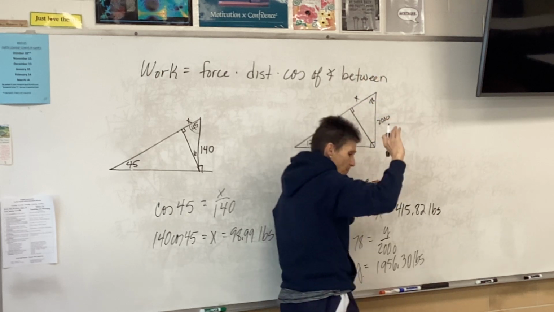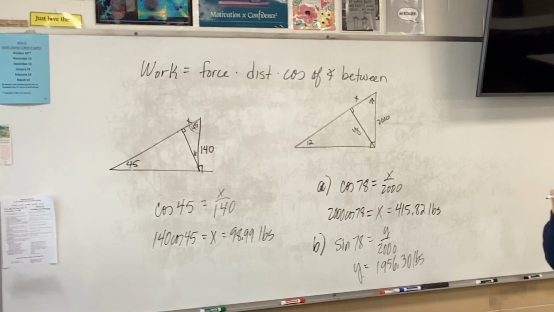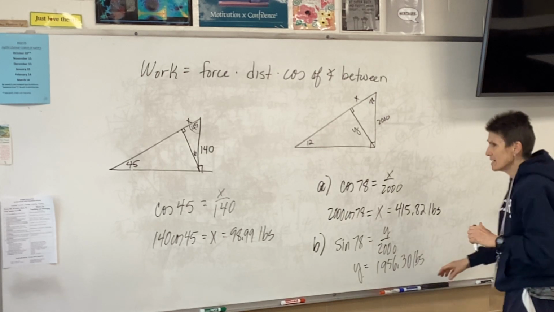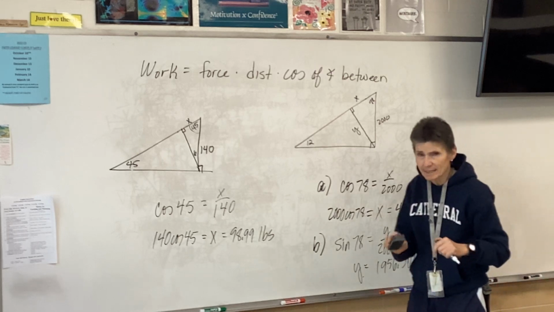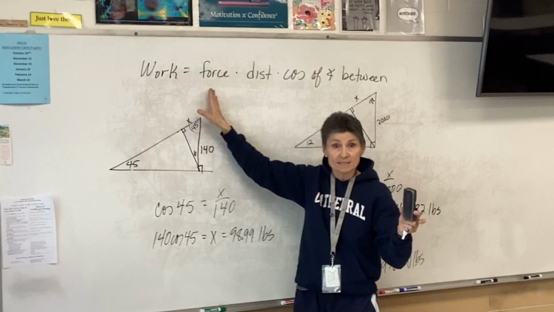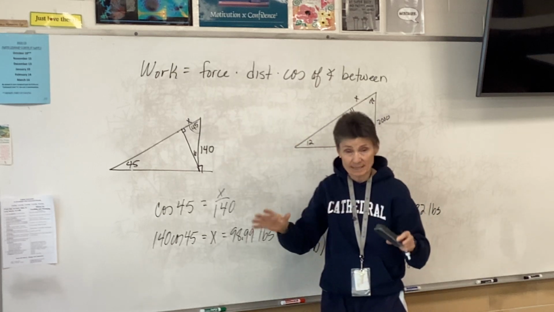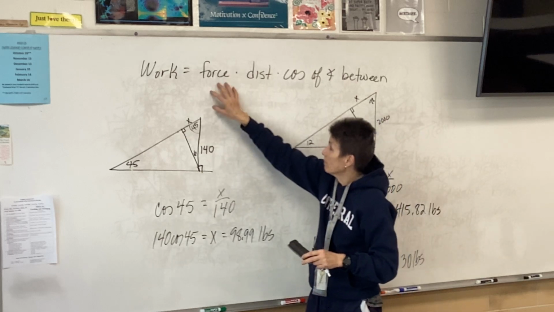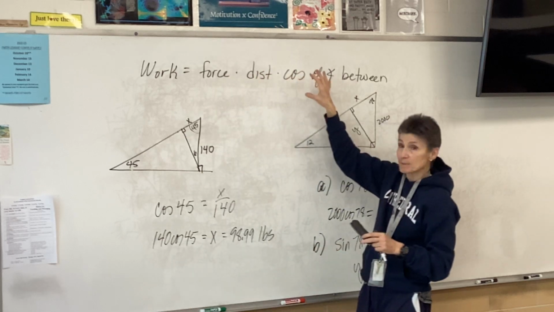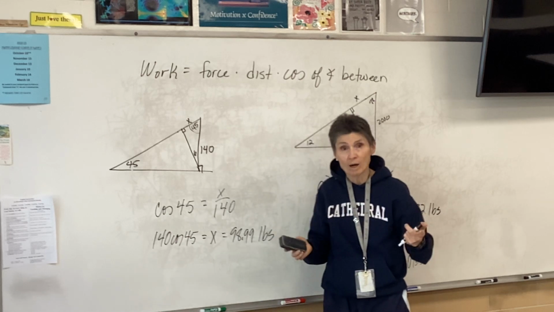Whoa, whoa, whoa, stop right there. Force times distance times cosine of angle between. What does that sound like? I know the words are a little different, but force is a number, a scalar. Distance is a number, a scalar. So I've got a number times a cosine of an angle between those two quantities.